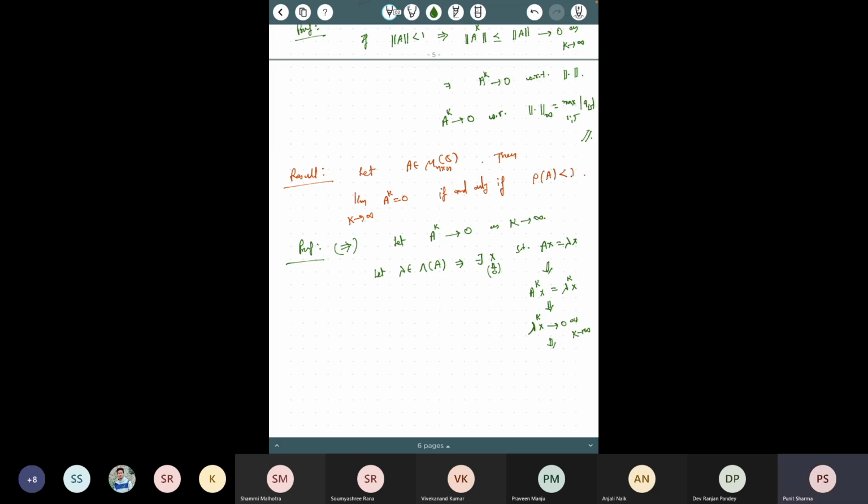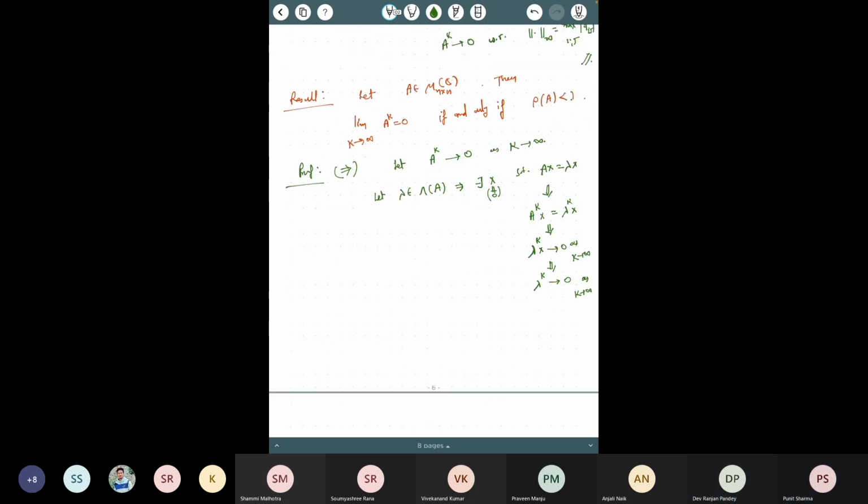What is the meaning of this? X is a non-zero vector, and lambda to the power k times x goes towards 0. Can we say from here that lambda to the power k goes to 0 as k tends to infinity? Yes. But lambda is just a scalar.